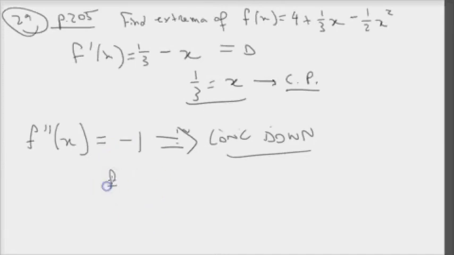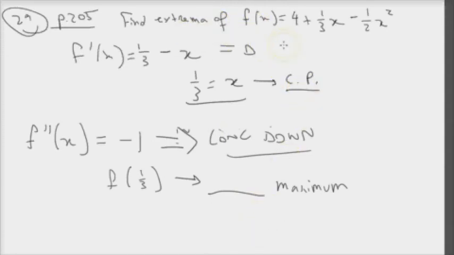So we know that we have f of 1/3 is going to be, and I'm going to leave a little blank here, some kind of value. So we know that if there's no other value on the function that's greater than the value at f of 1/3, we know that that's an absolute maximum, otherwise it's a relative maximum.